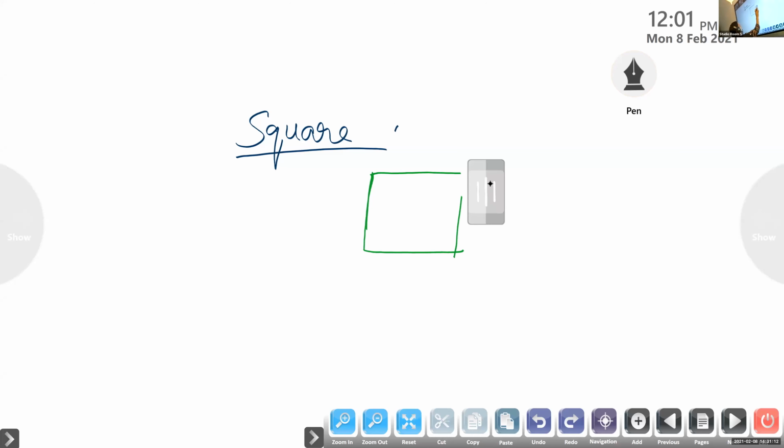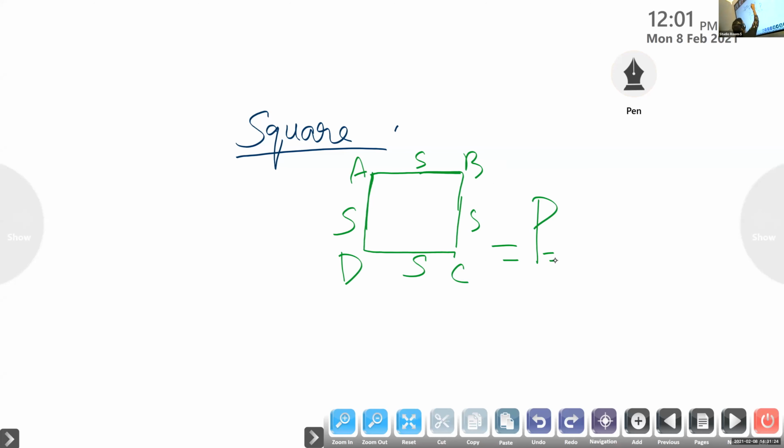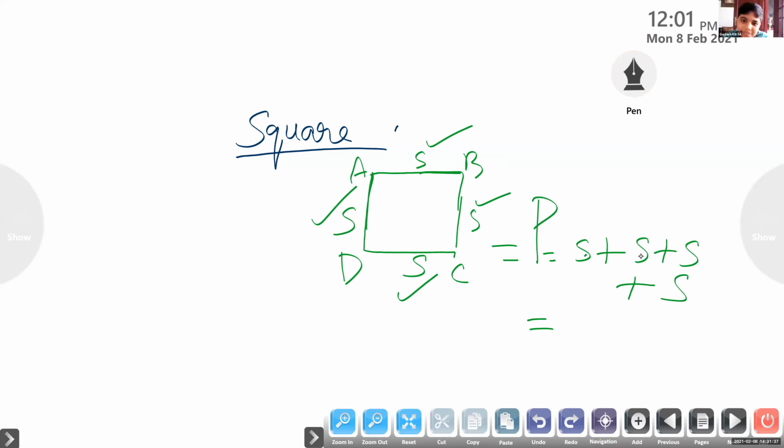So here is the square ABCD. If this side is S, this is also S, this also is. So when I add for the perimeter, I have to add S plus another S plus again S plus again this S. So how many times S? 1, 2, 3, 4. 4 times S.